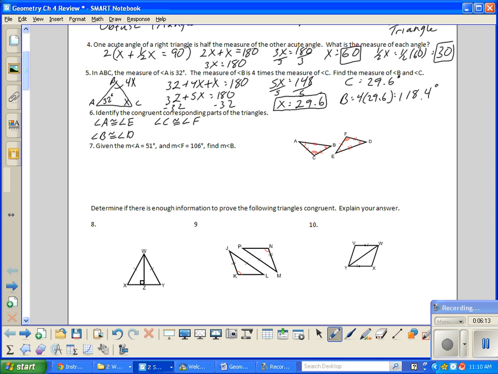And then we match up the corresponding sides. And so we got side AB is congruent with side ED. And side BC is congruent with DF.